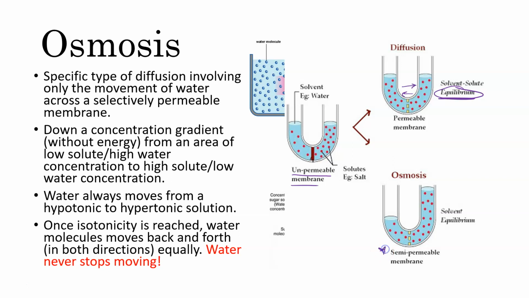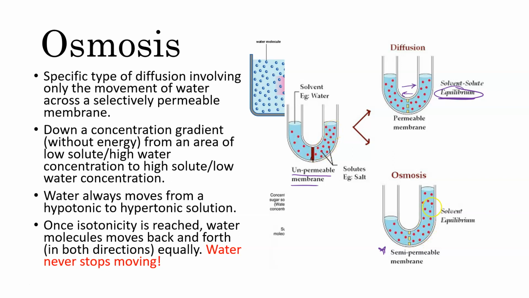Usually what is more realistic is the semi-permeability of a membrane, and what that means is that the membrane is permeable to water, but the membrane is not permeable to the solute. When the solute is not permeable, the solute molecules are not going to be able to pass and therefore have to remain on the original side.